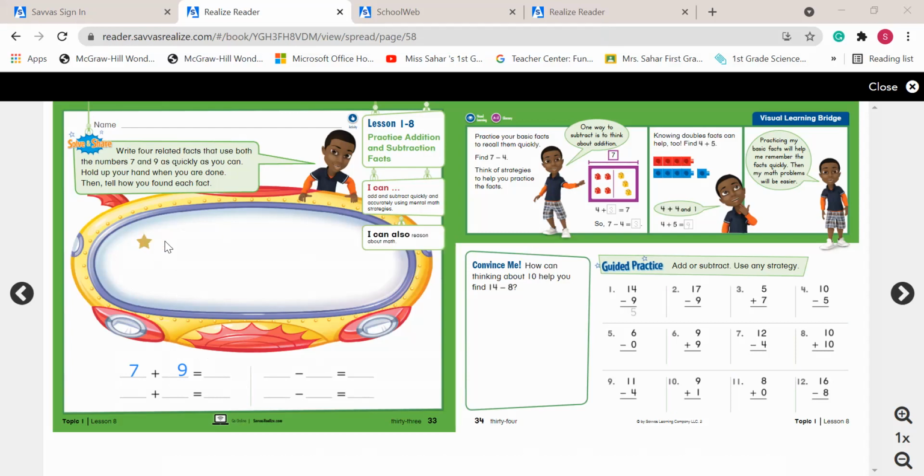So 7: 1, 2, 3, 4, 5, 6, 7. And then 9: 1, 2, 3, 4, 5, 6, 7, 8, 9. And I can just add. So after 9, 10, 11, 12, 13, 14, 15, 16. So 7 plus 9 equals 16. So I can put my answer here.